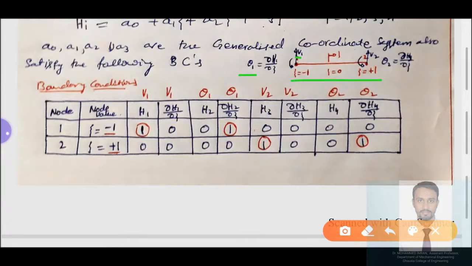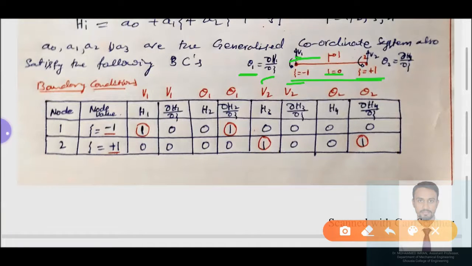V becomes h and x becomes zeta. Then dou h1 divided by dou zeta is equal to theta 1, where v1 is the transverse displacement at node number 1, zeta is equal to -1, zeta is equal to 0 at the mid of the beam element, and zeta is equal to +1 on the right-hand side from the mid of the beam element.